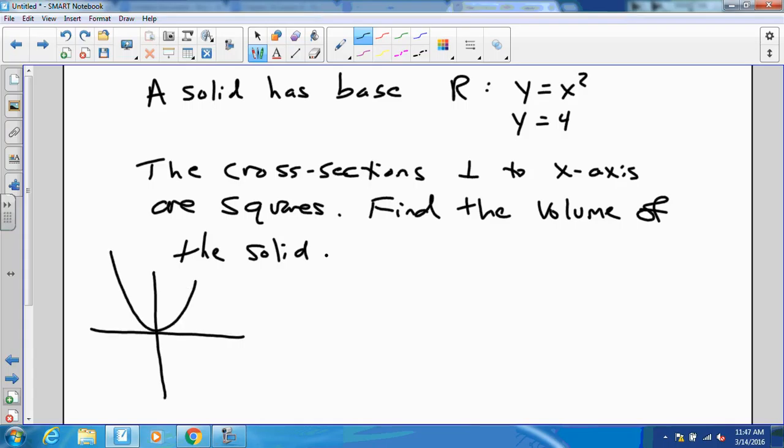Your base should be this parabolic slice right here with the intersection points of (2, 4) and (-2, 4). Just like that. Good. Label this as your base so that you can keep your head straight on this.